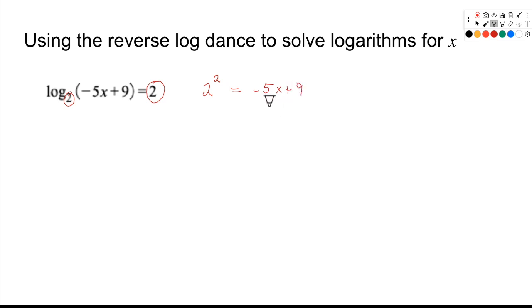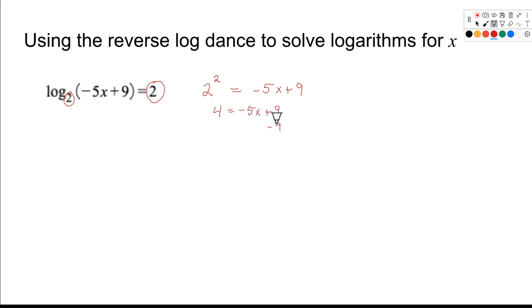We now have an equation, well, it still has an exponent in here, but we can actually work this out. 2 squared is going to be 4. And we can solve this equation, just now a linear equation.